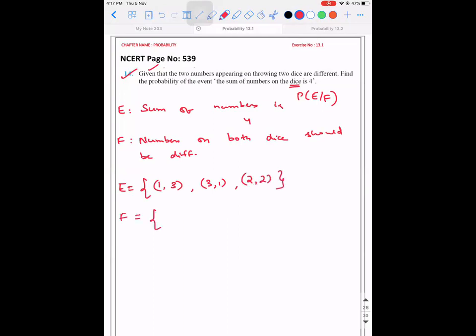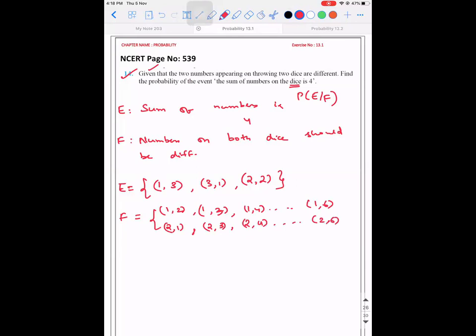What about F? If I start with 1, the next number should not be 1. That is what is given: numbers on both dice should be different. So 1 should start with 2: 1,2; 1,3; 1,4 and so on till 1,6. The next will start with 2,1. What will be missing? 2,2.